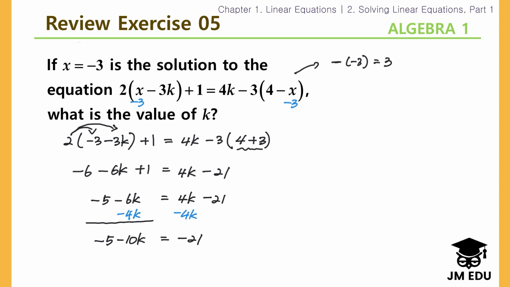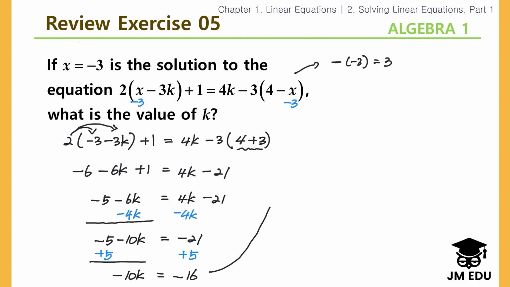The next step, we have to remove negative 5 on the left hand side, so we're going to add 5 here, add 5 here. So I have minus 10k is equal to negative 21 plus 5, that's minus 16.